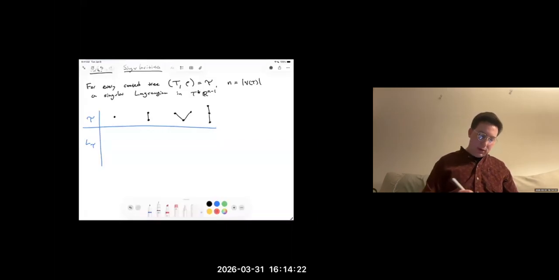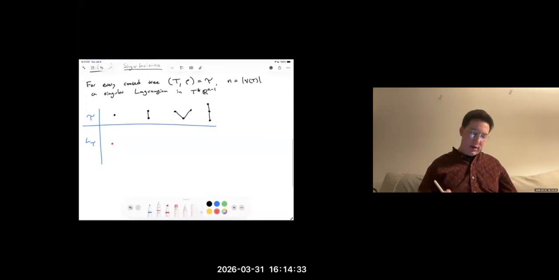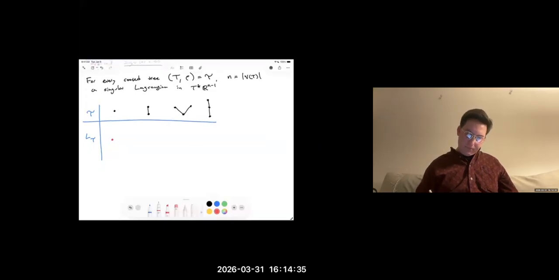The associated Lagrangians look like this. Oh, I'm sorry, this first one is just in 0 dimensions, so this is a point in just the point. That's not very interesting. This next one is the one that I'll use over and over. This is a singular Lagrangian, which is a one-dimensional Lagrangian in the plane.